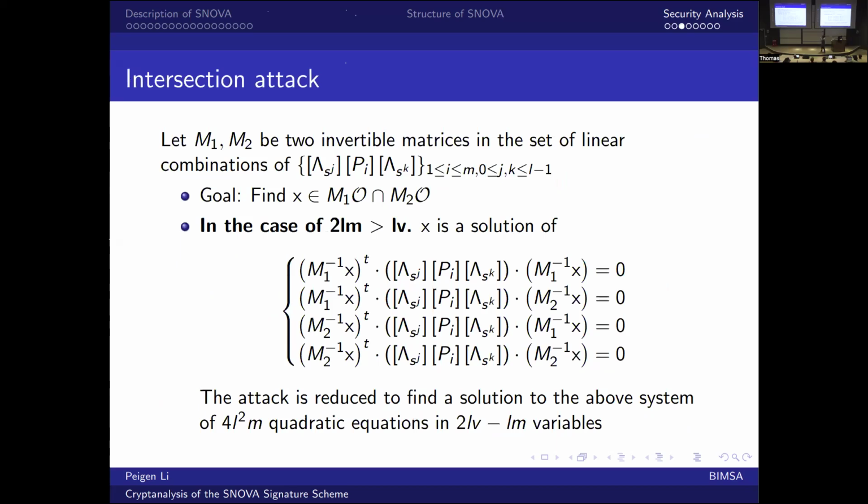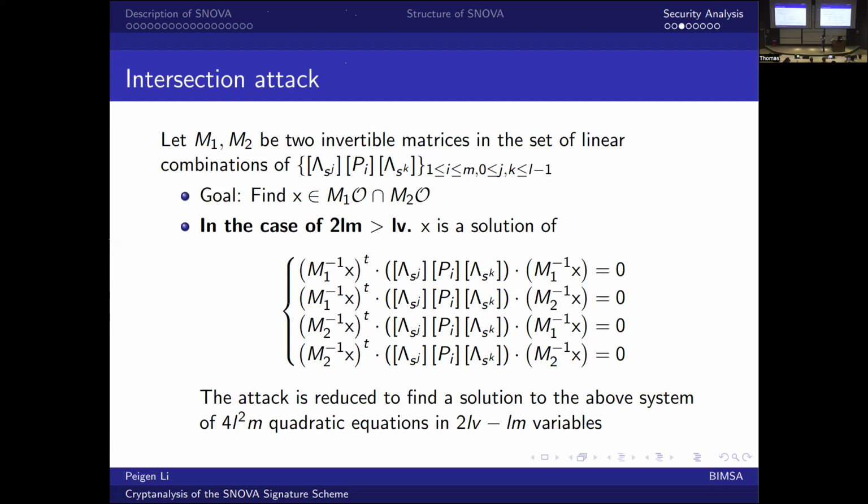The intersection attack is that, let M1 and M2 be two invertible matrices in the set of linear combinations of the matrices; we just want to find an element belonging to the intersection. If 2Lm is bigger than Lv, then such an element will exist.